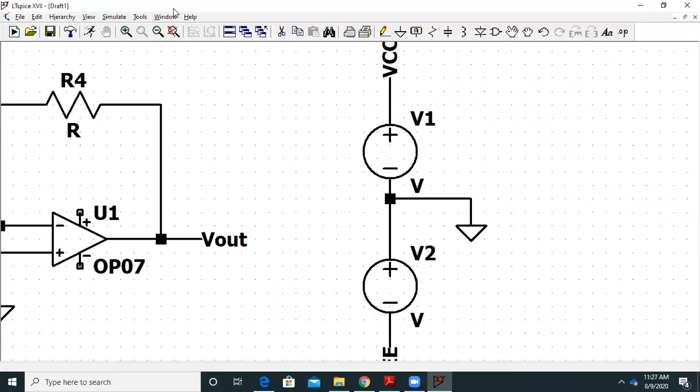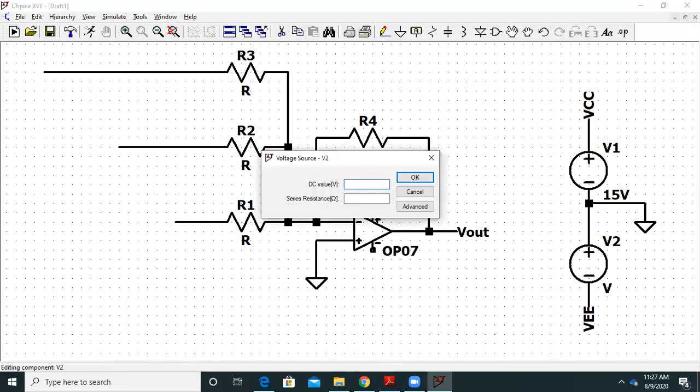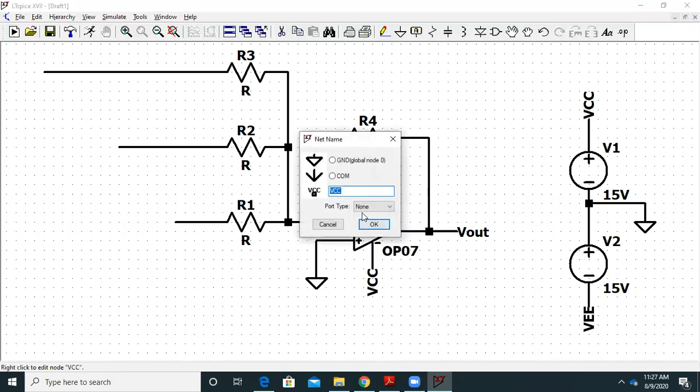Power supply voltages, I will give it as around 15, and here it will be again 15. And I need to power that to the op-amp. So for the op-amp, I'll take the connections out like this and like this. I will label those nodes, so one is VCC and another one is VEE.